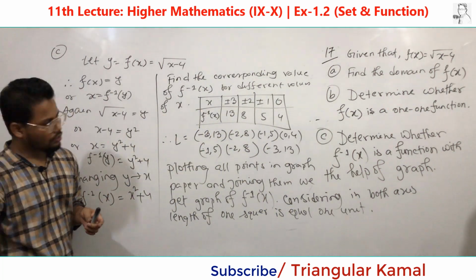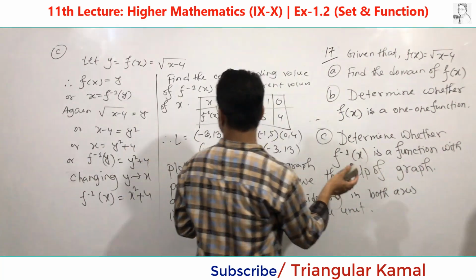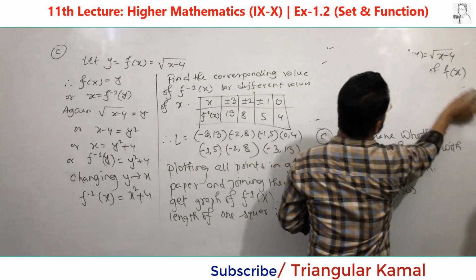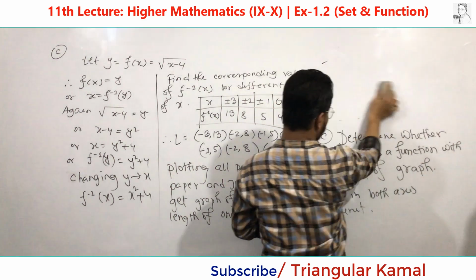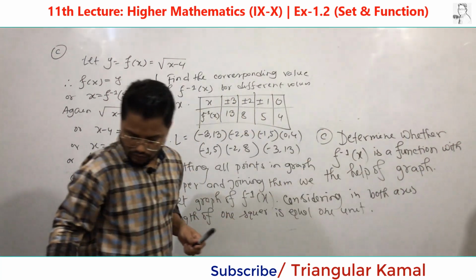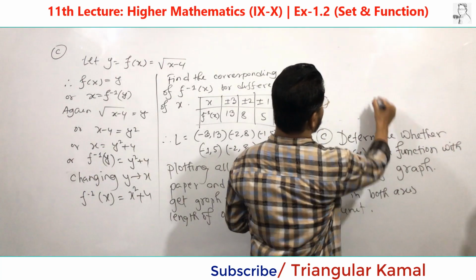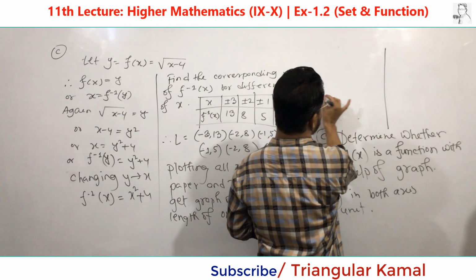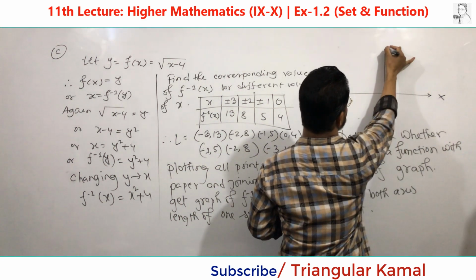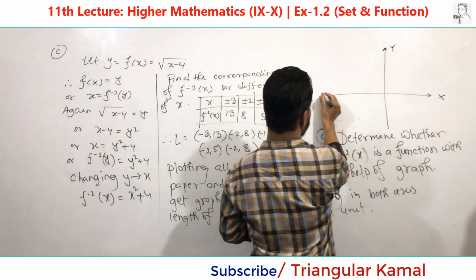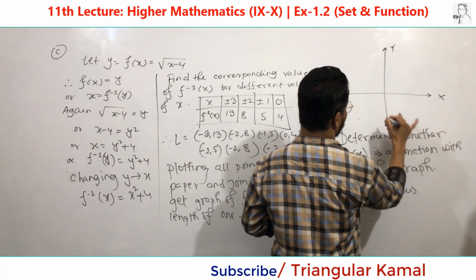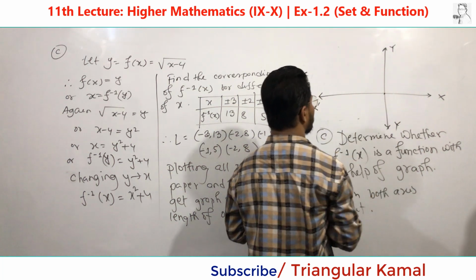Okay, now we will draw the graph. First draw here. This is the x-axis, the positive side of x. This is the positive side of y. This indicates the negative side of x, negative side of y. The intersecting point is 0.